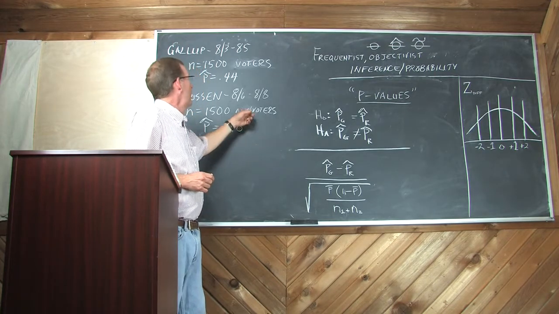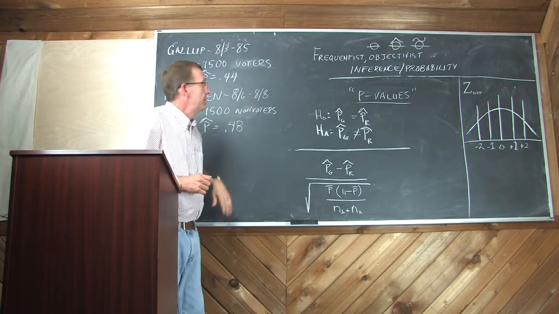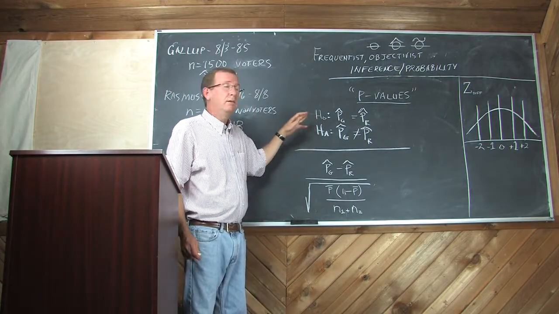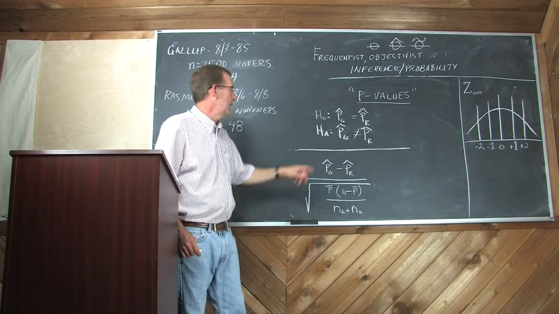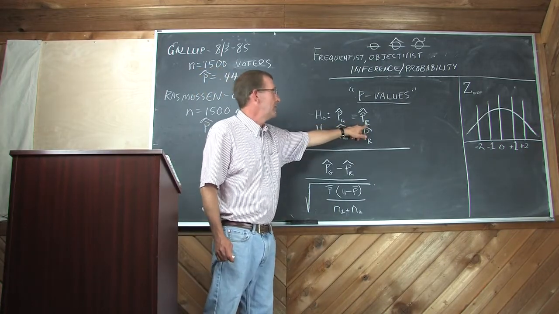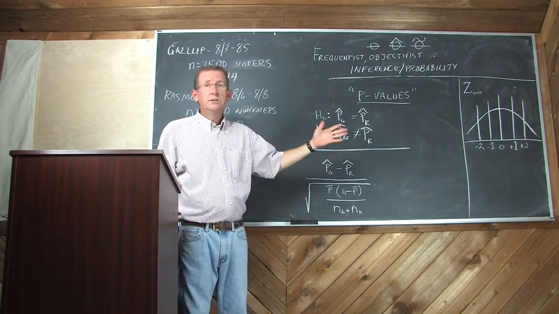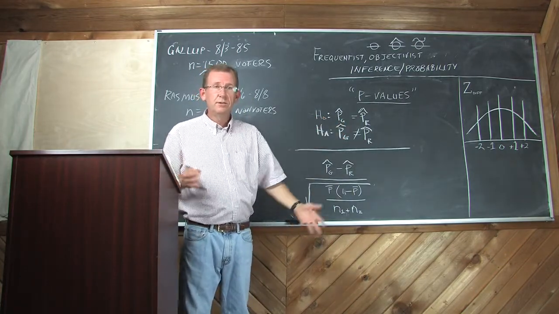So we've got non-voters from Rasmussen and voters from Gallup, and I'm going to have the following null hypothesis: p hat g and p hat r, I know those are small, are equal in repeated samples.